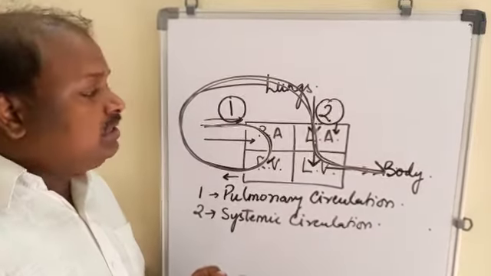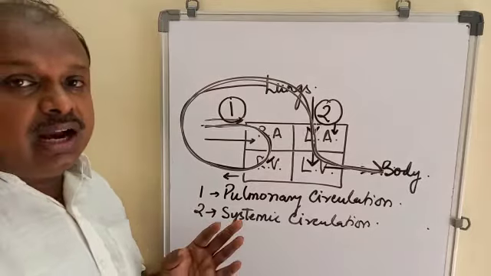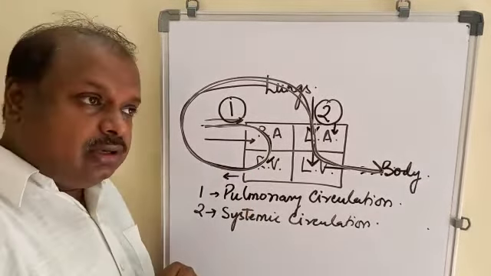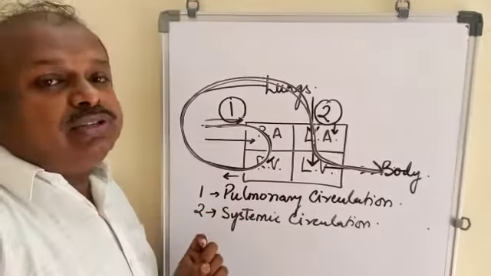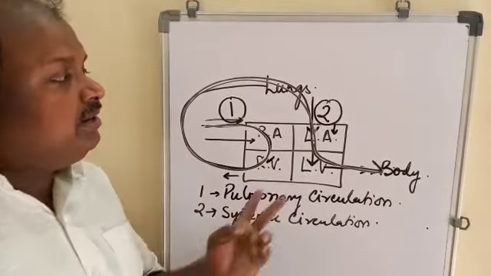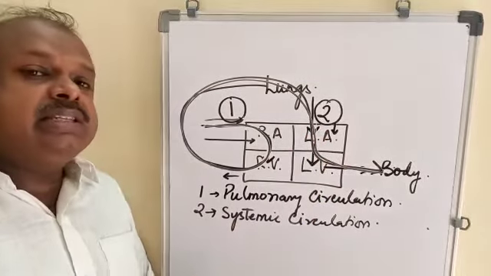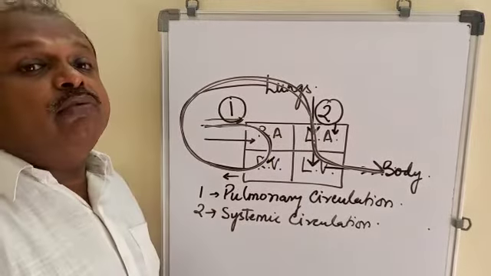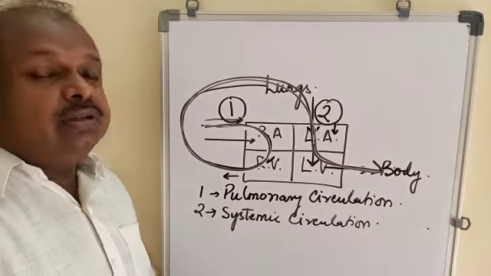So we can write like this: the blood flows twice in the heart. The very first time, with the help of the right auricle, it performs the process of pulmonary circulation, and then a second time it enters the heart through the left auricle, performing systemic circulation before it completes one full round. We are calling it double circulation.